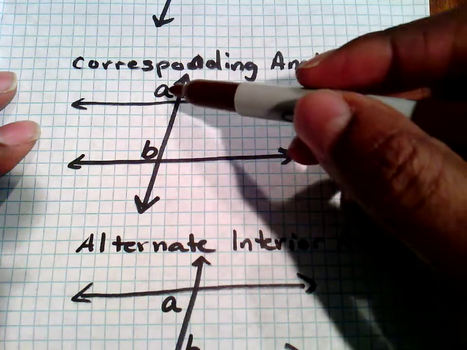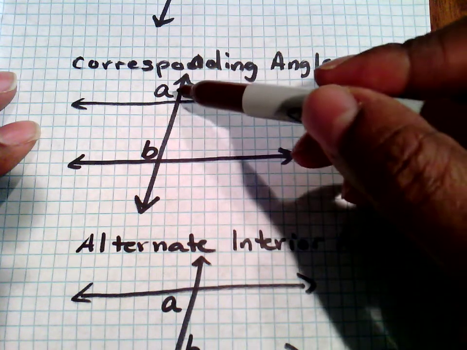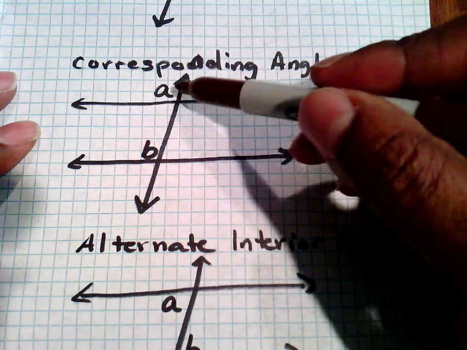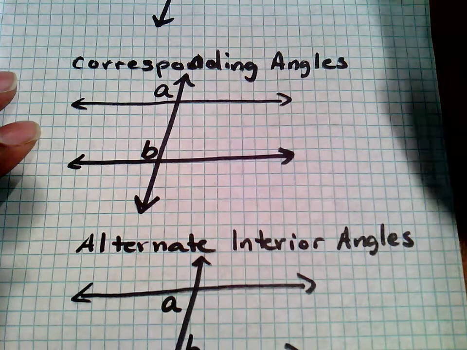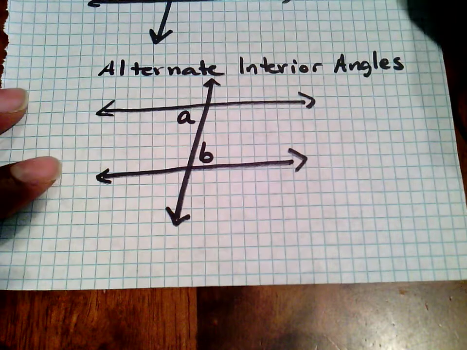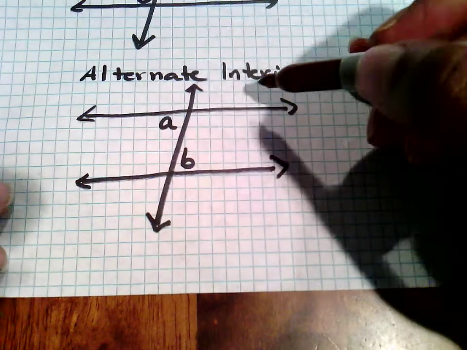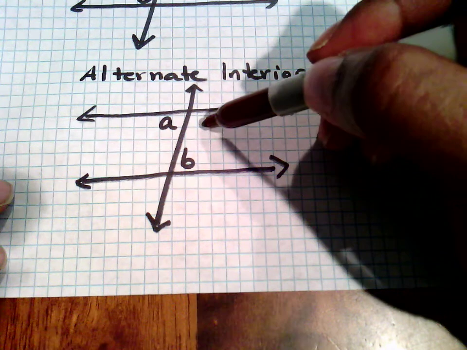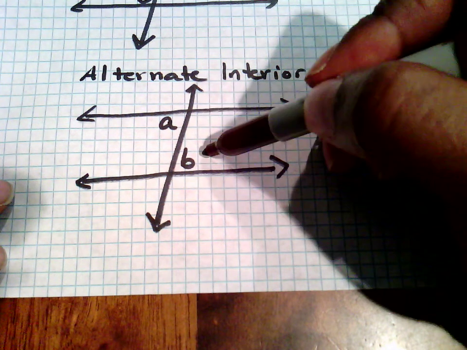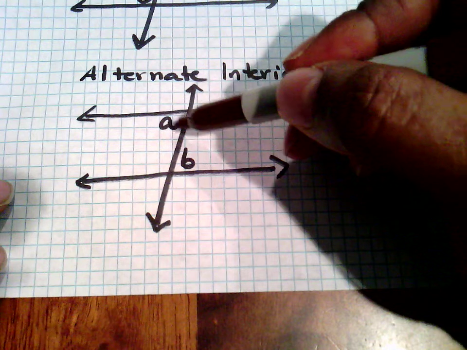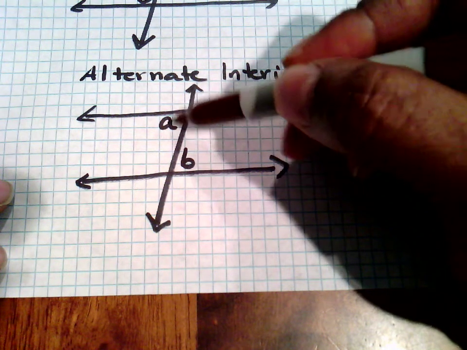Corresponding angles, looking at each intersection for which angles are in the same position in each intersection. Alternate interior angles look on the inside of our two parallel lines, which angles sit across from each other on the inside.